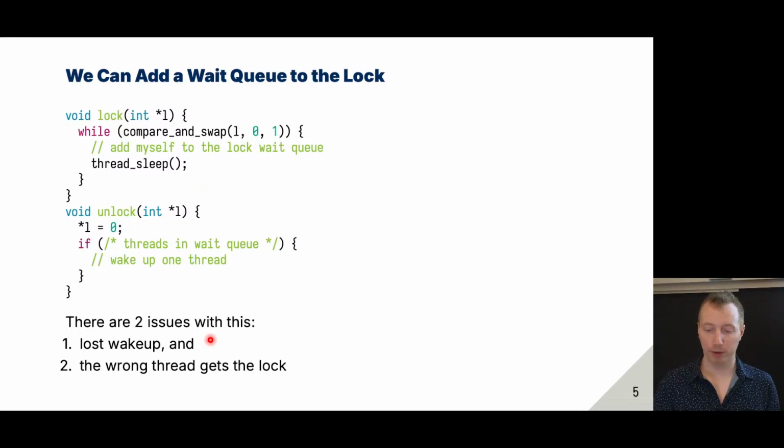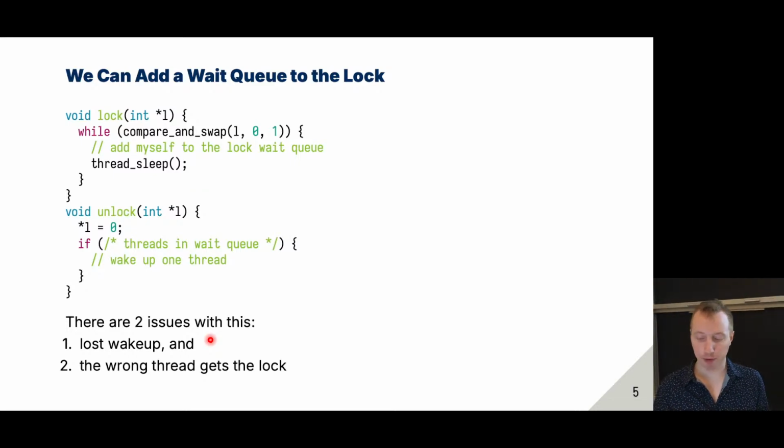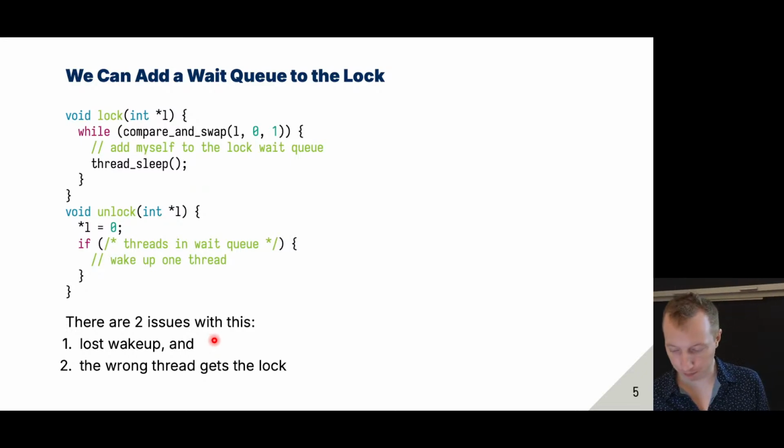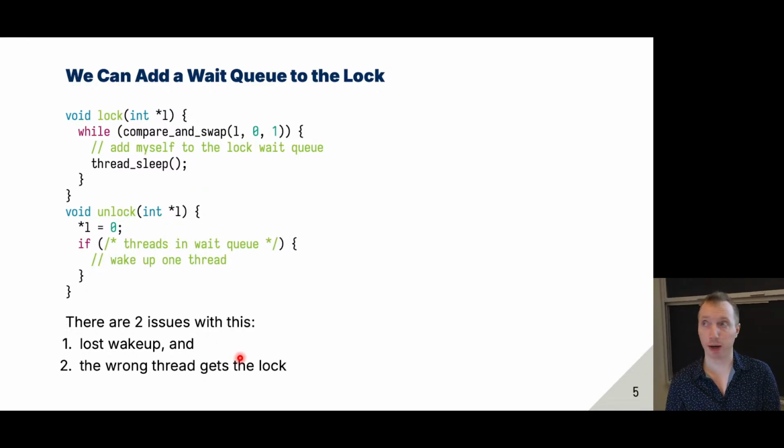A lost wake up just means a thread will go to sleep and then never wake up. So it'll essentially go into a coma, I guess. It'll be blocked forever. It puts itself on the wait queue, goes to sleep, but never wakes up. And all we have to do is demonstrate a situation where that might happen using 1 or more threads.